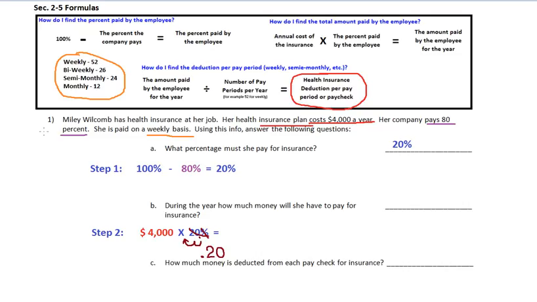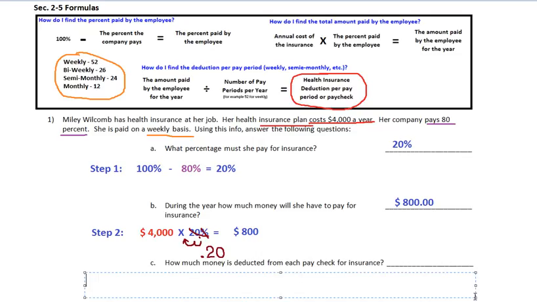So we take out our handy dandy calculators and we take 0.20 times $4,000, and if you do that, you're able to get 800. That is our answer for letter B using step 2.